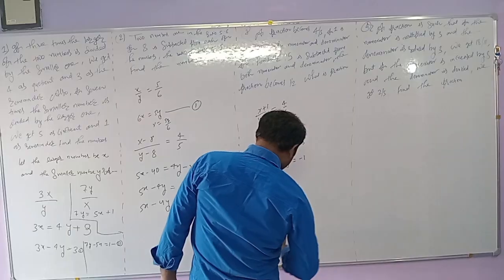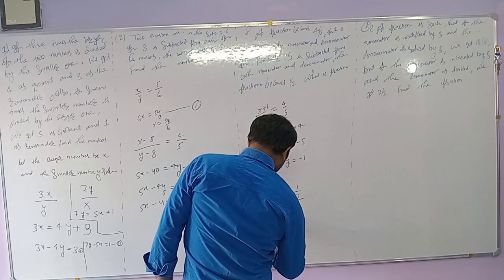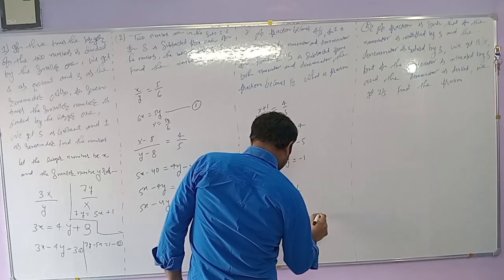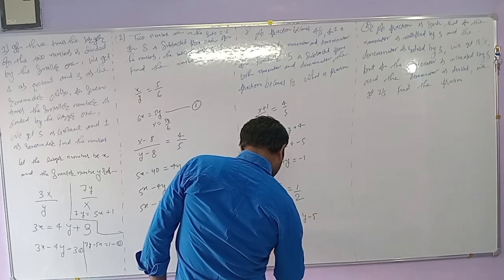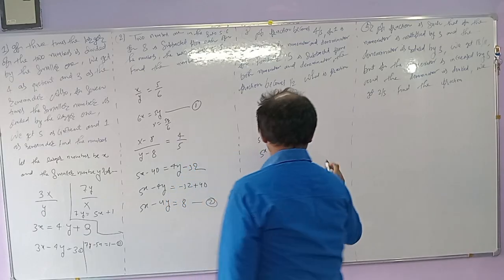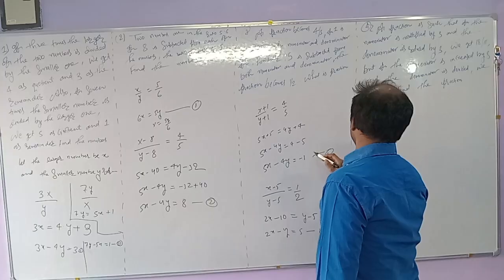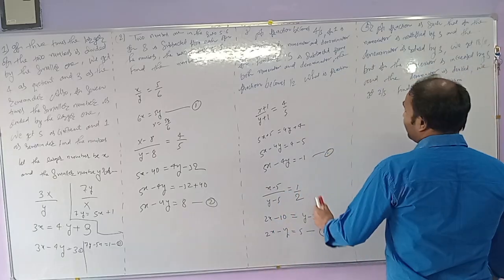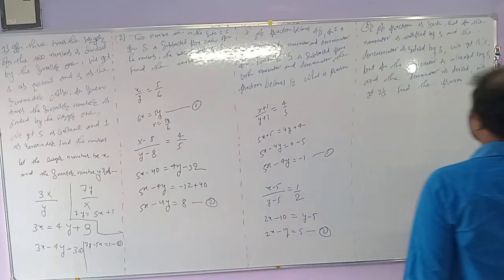When we cross multiply, we get 2x minus 10 is equal to y minus 5. We get second equation and it is our first equation. When we compare both the equations, we get the value of x and y.